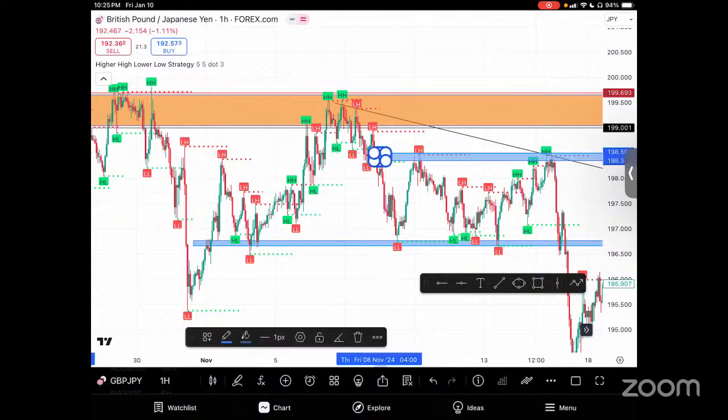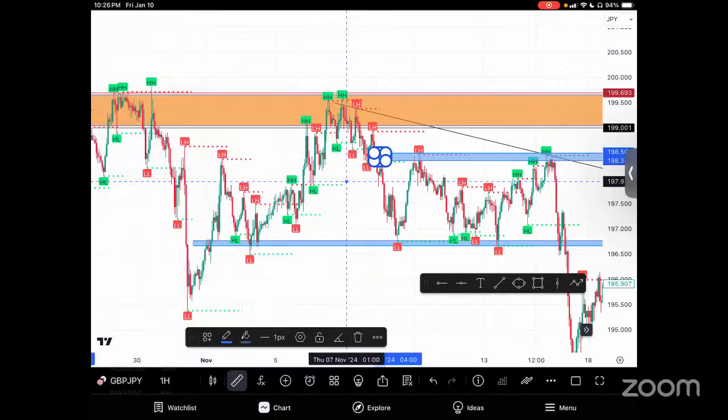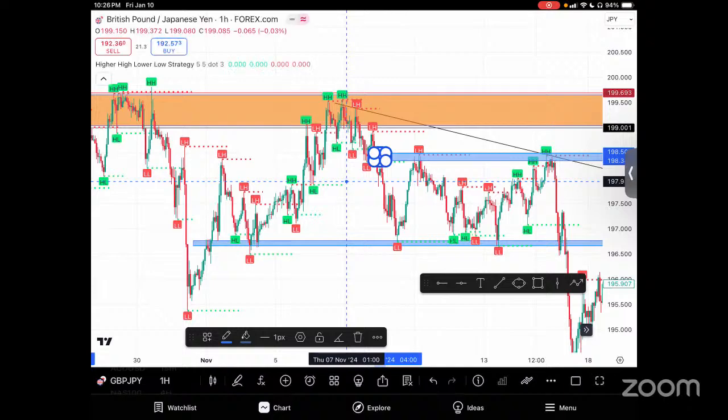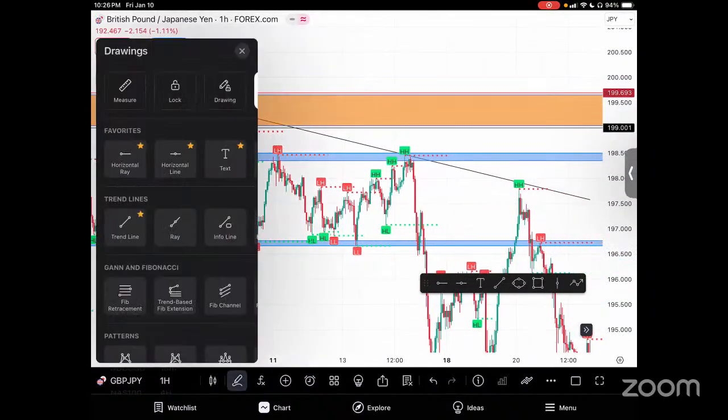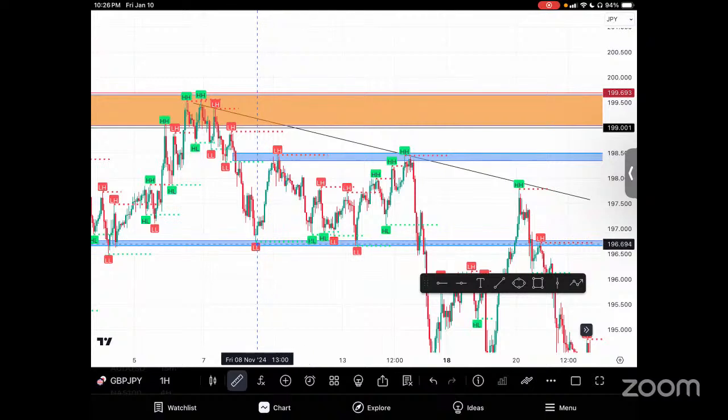So from blue to blue zone, let's look at how many pips that was. From that bottom blue zone to the top blue zone was what? 159 pips, 2 days, 10 hours.